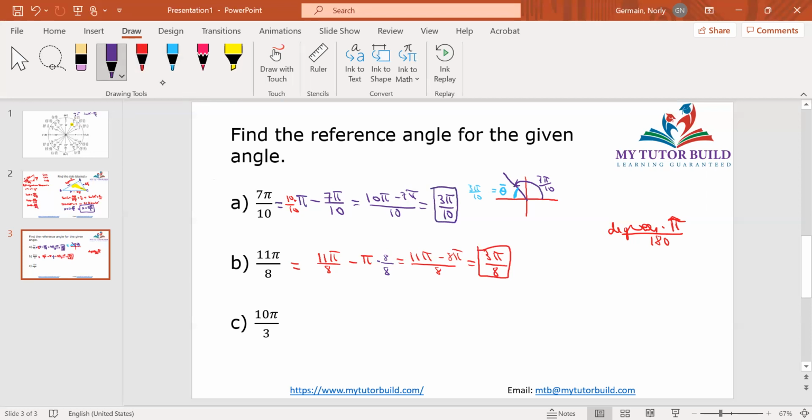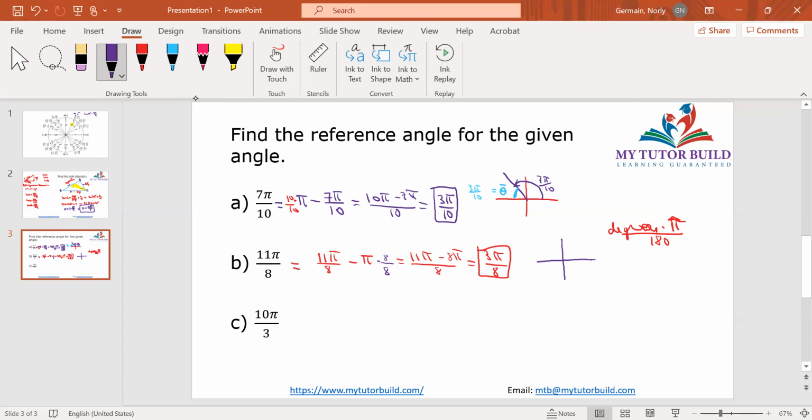Now, if you want to graph it again, 11 pi over 8, as I said, is located a little bit greater than pi, because if it was 8 pi over 8, it would be simply pi.